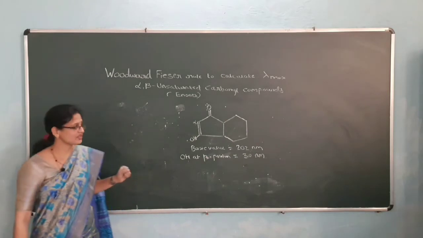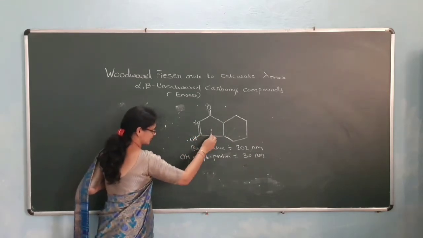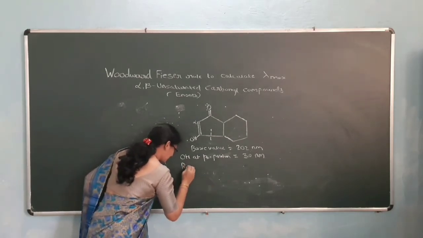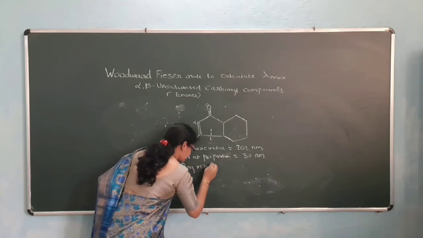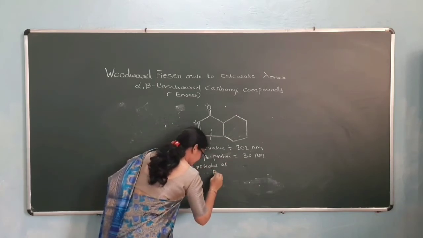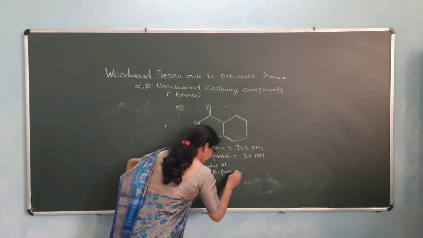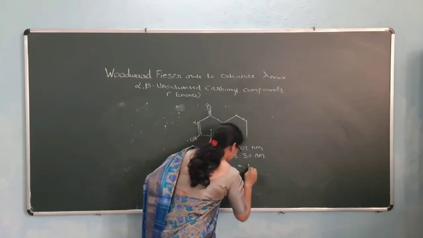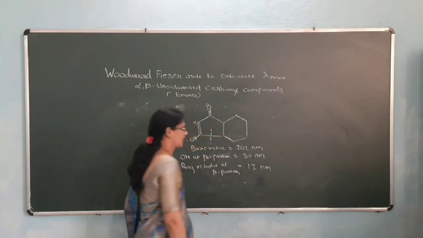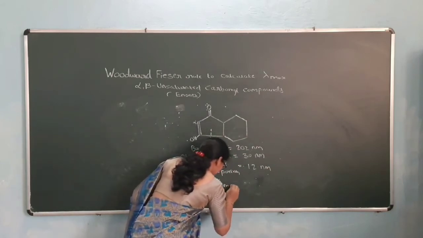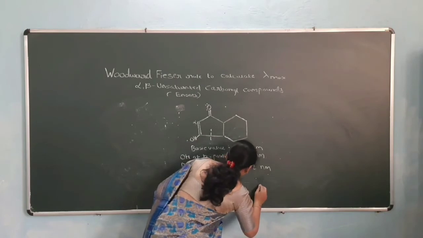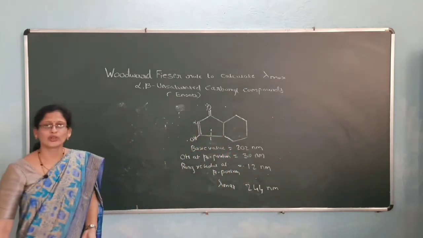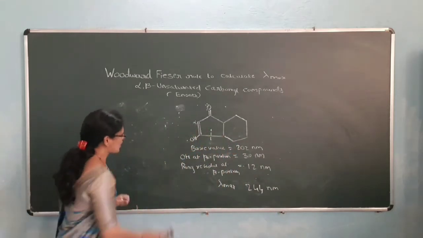Then you check for the ring residue. Here we have one ring residue at beta position, so it is 12. So the total lambda max here is 244 nanometer.